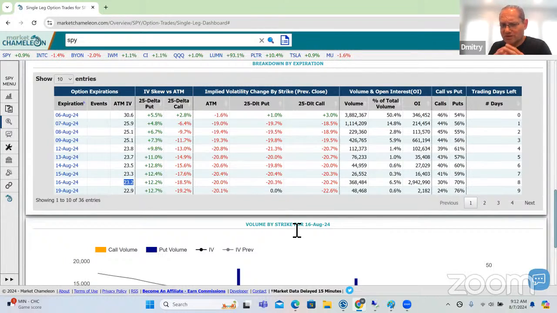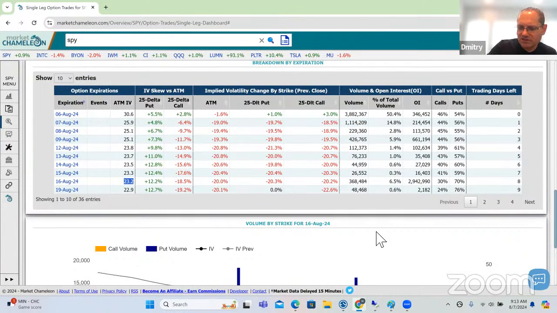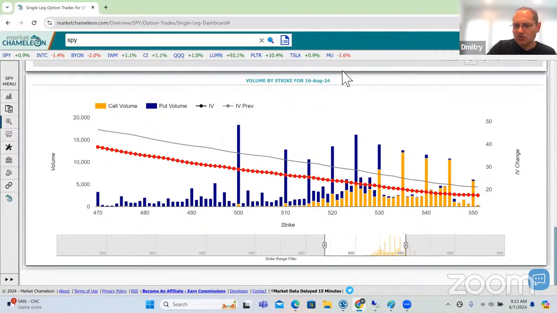Now, because there are so many strikes, it's hard to define the skew with a metric, so we'd have to standardize a way of looking at it. I'm going to come down here, and here's the graph of the August 16th expiration.